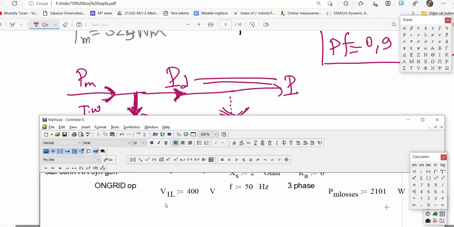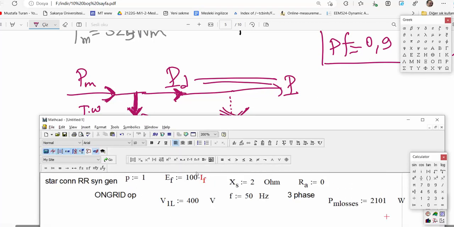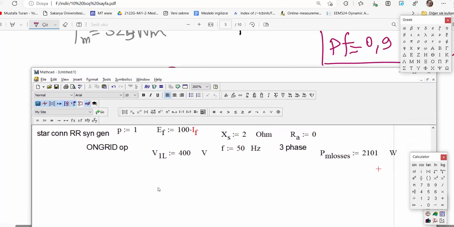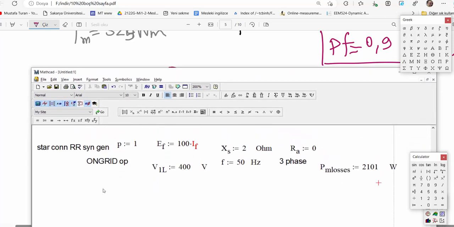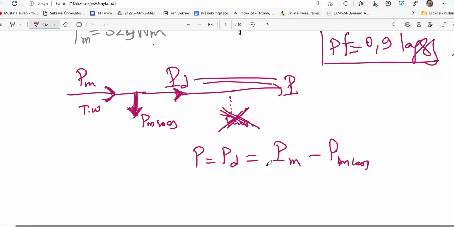Let's do it, ladies and gentlemen. We subtract mechanical losses from mechanical input power, and we will have electrical output or converted power.